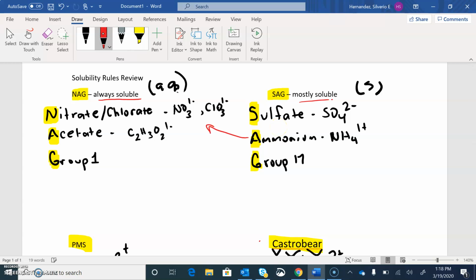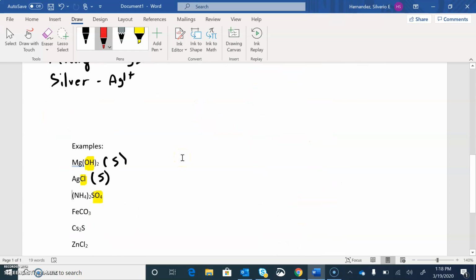Remember that I told you that ammonium is always soluble no matter what it's partnered with, it's going to produce an aqueous solution. So even though the sulfate can produce a solid here, it's going to be aqueous because it's combined with that ammonium. So we're going to put AQ there.